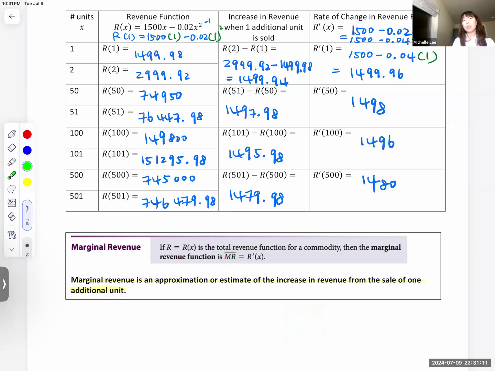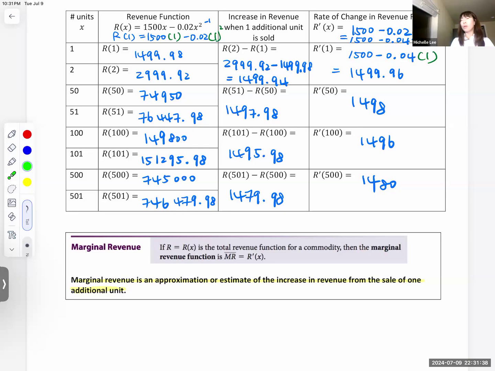We read that as marginal revenue. Just say marginal revenue. Okay, so we have R prime of X, right? Marginal revenue: think about the revenue, and then we do the derivative of revenue, okay?